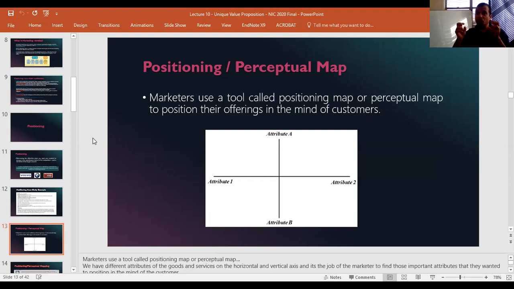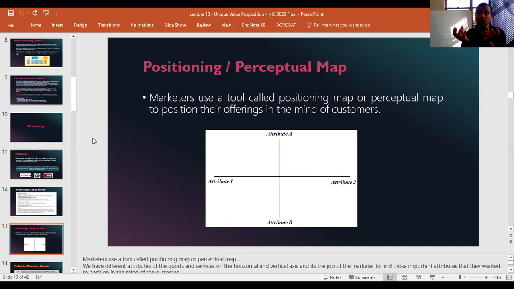They try to select some attributes of the product and services. As per this perceptual map or positioning map, we have different attributes of the goods and services on the horizontal line as well as on the vertical line.